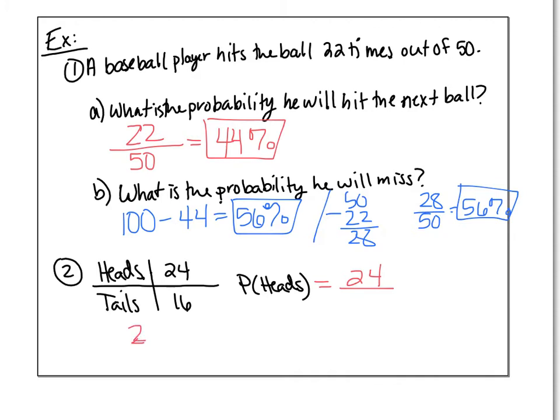So you need to make sure you add the 24 plus the 16 to get the total. That's what number has to go on the bottom, that's 40. So that's 24 out of 40, which is 60%. So a little bit higher because you got heads more often than you got tails.